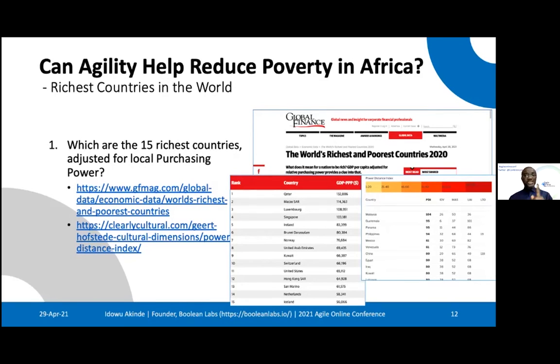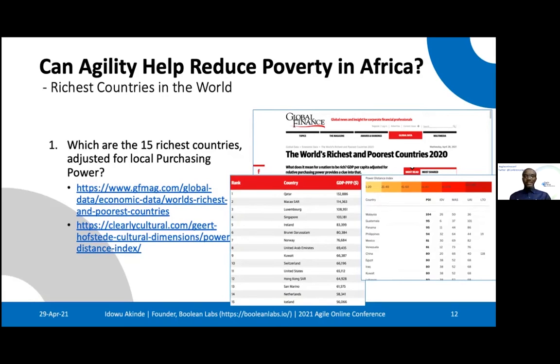Okay, so you see here that for those of you that are in the States and are very patriotic, US comes at number 11. When you adjust GDP for PPP, in other words, how much bang can you get for the local buck that you're spending per country, you find that Qatar, Macau, Luxembourg, Singapore, Ireland are the top 5 richest countries. When I saw the data set, I smiled because this is not what I was expecting.